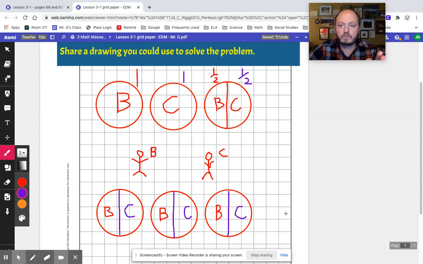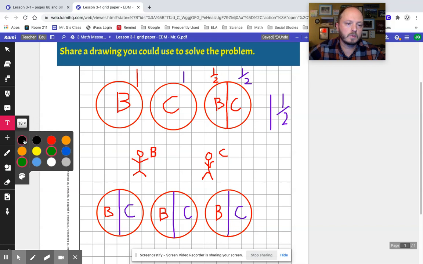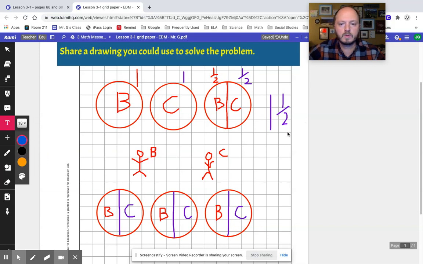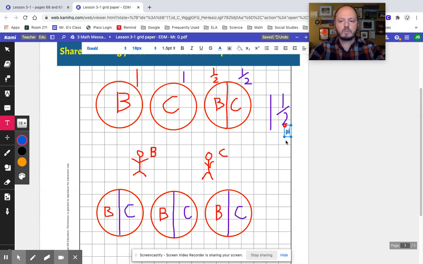So we have the exact same problem, and we really have the exact same answer, but it's shown in different ways. This top one, each person gets 1.5 pizzas, right? And I'm going to put in the word pizzas, like that.